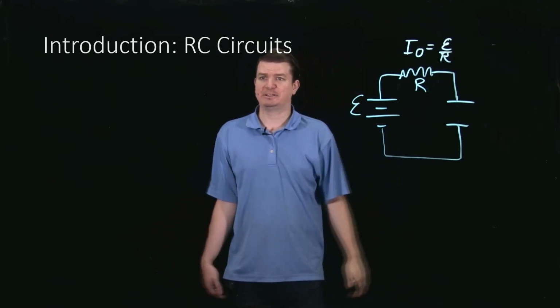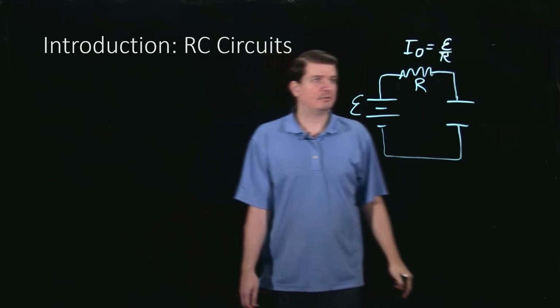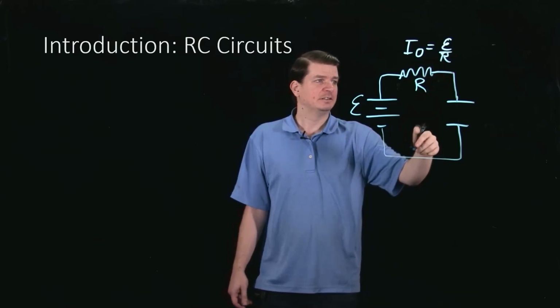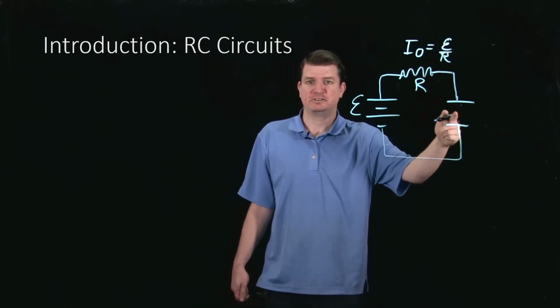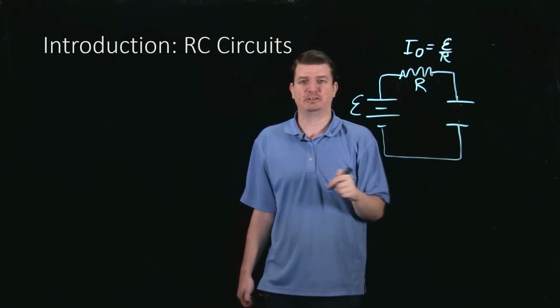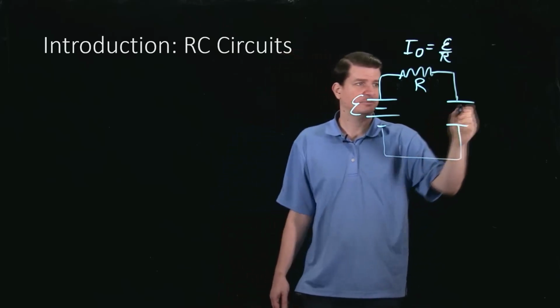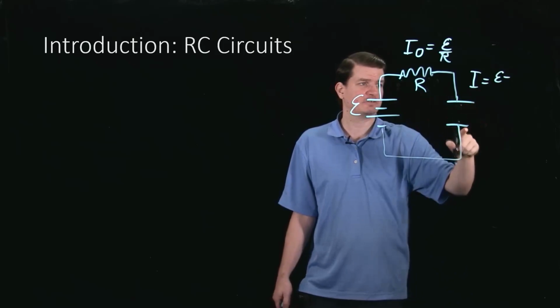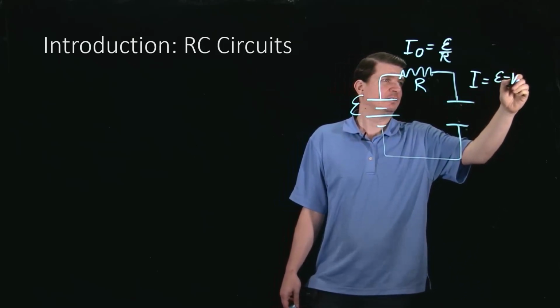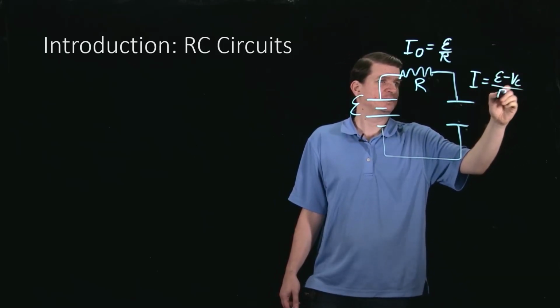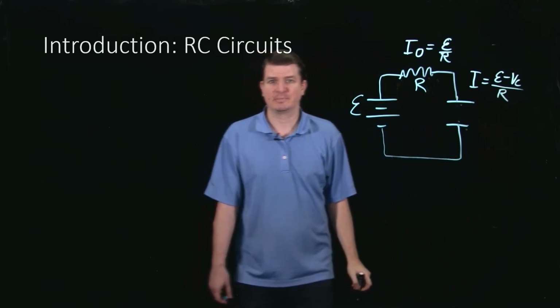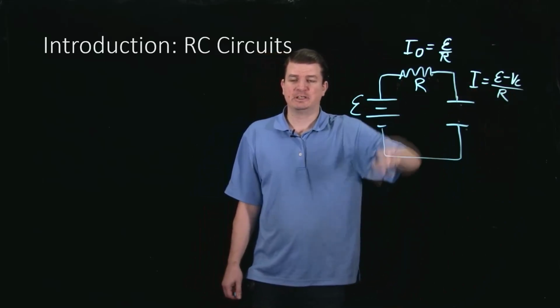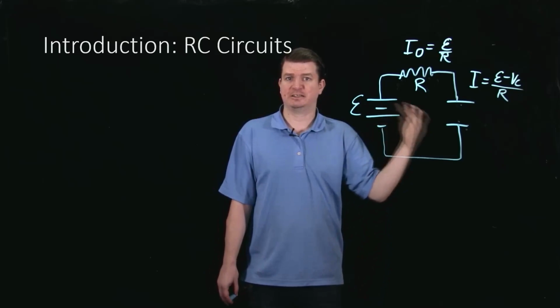But what's going to happen a little bit later? Well, a little bit later, this thing is starting to charge, so the potential difference across here is smaller. So I is going to be the EMF minus the capacitor's potential, divided by R again. Over time, the capacitor potential is going to get larger and larger.